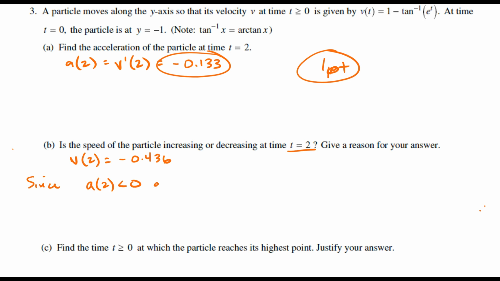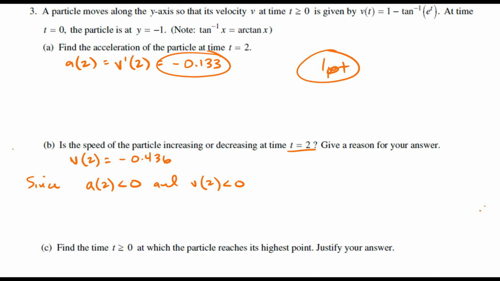So since a of 2 is less than 0, and v of 2 is less than 0, so the velocity is negative, so it's moving backwards, but it has a negative acceleration, so that means that it's moving backwards, but it's going slower backwards. So it's starting to slow down going backwards. So is the speed increasing or decreasing? So if it's moving backwards, but it's slowing down backwards, it's actually speeding up because both of them are negative.